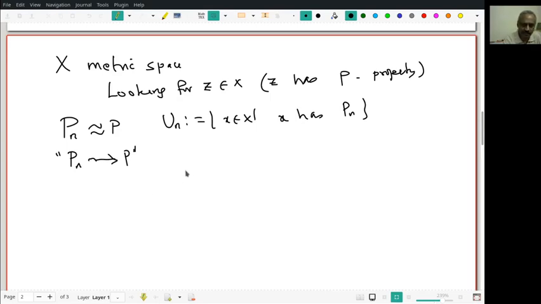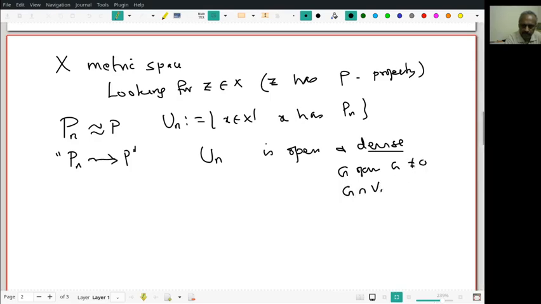Now, what the theorem says is, suppose we assume that Un is open and dense. What does dense mean? All of you know. If G is a non-empty open set, then G intersection Un is not empty. Every non-empty open set should intersect Un. Then we call it dense.